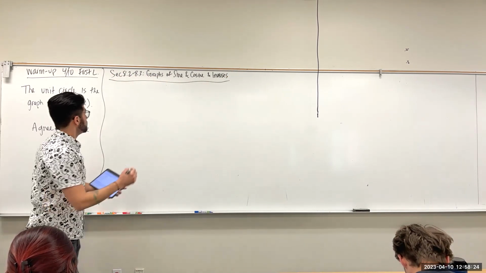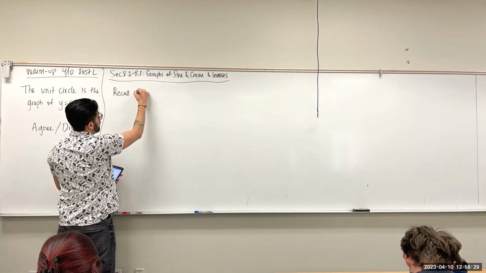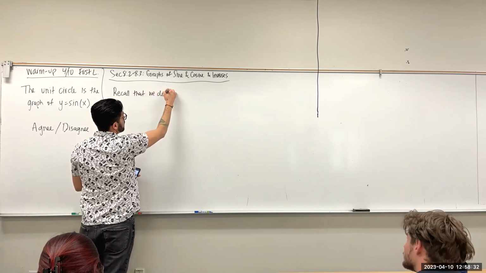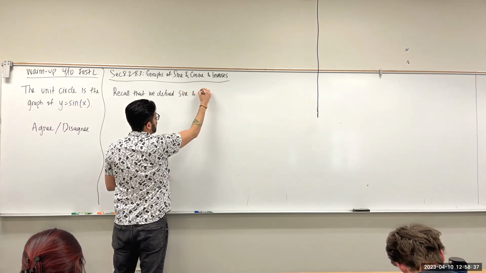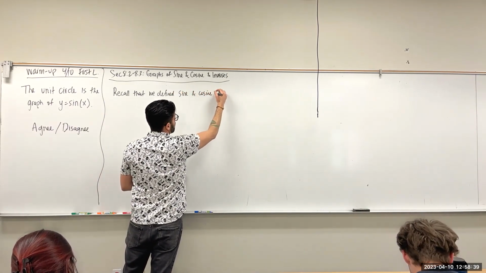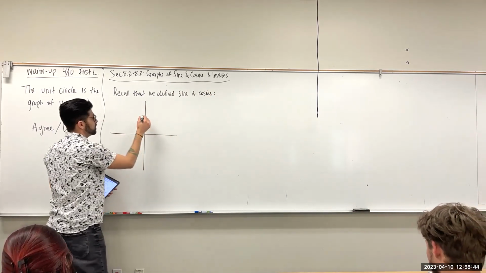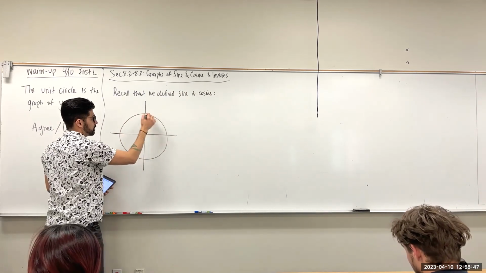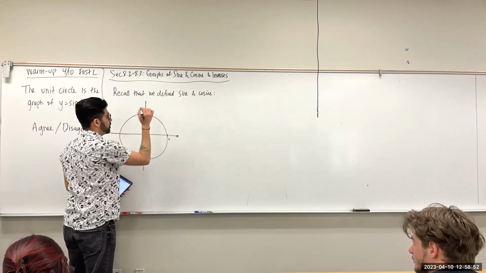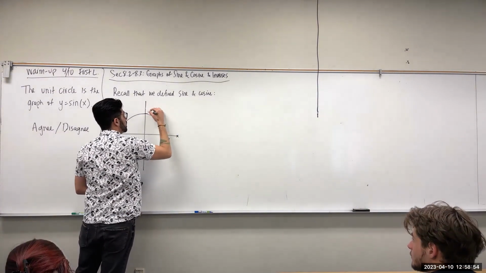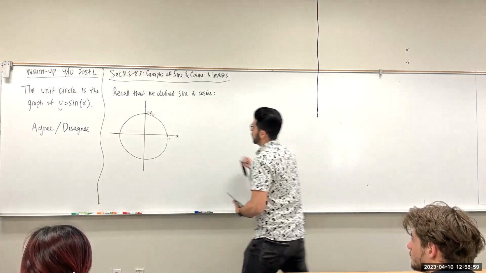So recall that we defined sine and cosine. We introduced the unit circle. Yeah, right. So we did introduce the unit circle. Hold on, that's supposed to be a 1, but my brain kept trying to draw letters.